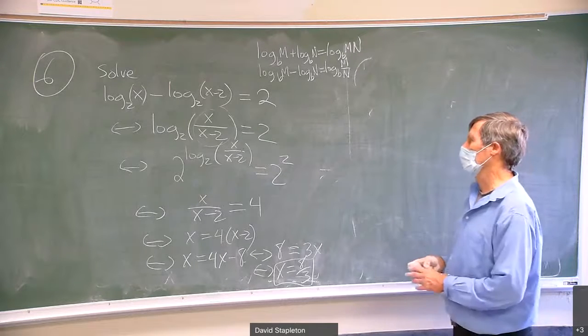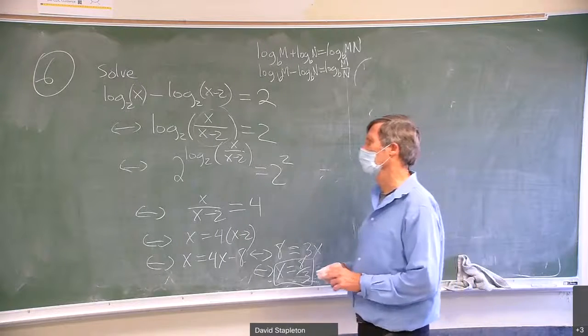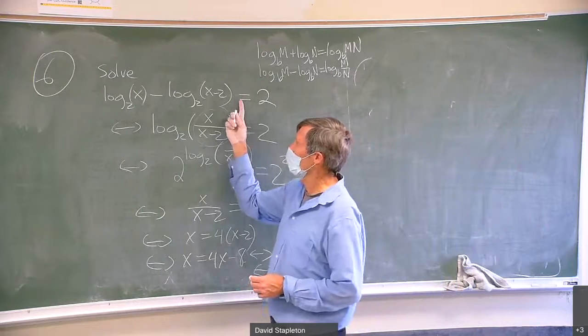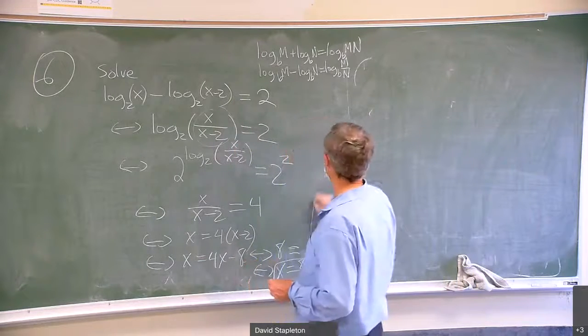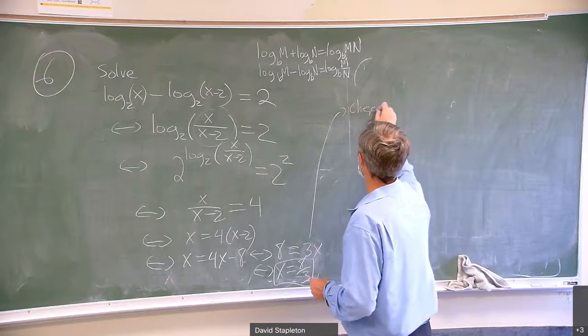I'll just say it on this problem because it was on the practice test. When you're all done, you have to check your answer by plugging in. Why do you have to do that?